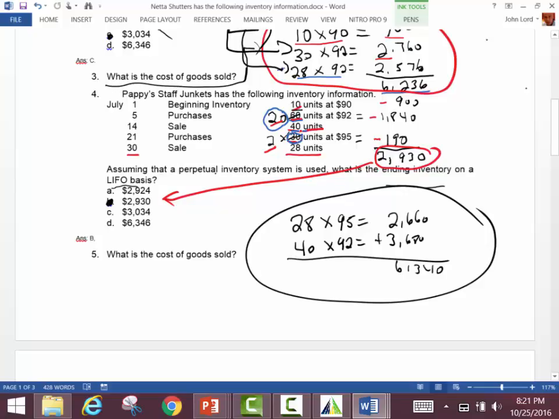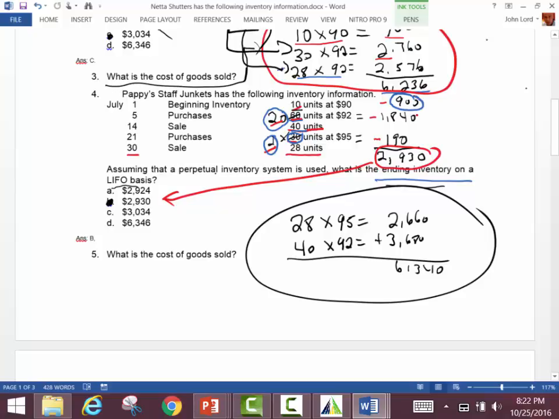Now when they sell 28, they take the 28 from that purchase they just had, don't they? And so now there's only 2 of those left. Since they're asking for ending inventory, it's the beginning inventory items, 10. They didn't sell any of those, presumably, under last in, first out, right?